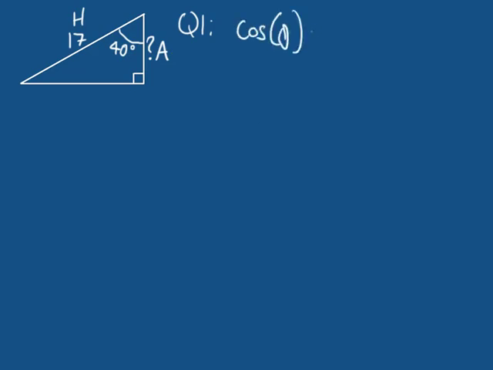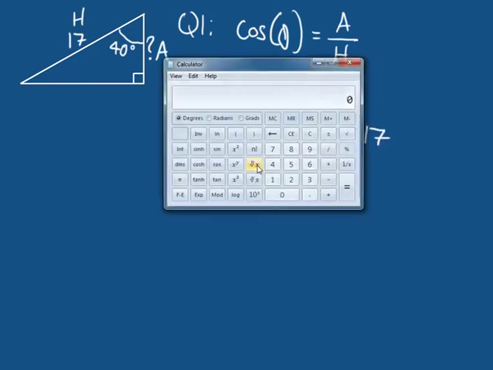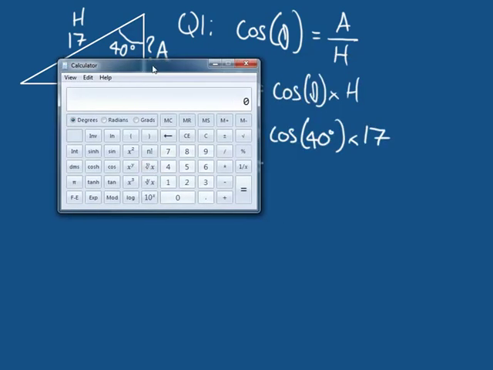So cos of theta is equal to the adjacent over the hypotenuse. And that means our adjacent is equal to the cos of theta multiplied by our hypotenuse, simply rearranging this equation. With that, we can plug our numbers in, so it's equal to the cos of 40 degrees multiplied by 17. We can now use a scientific calculator to work that value out.